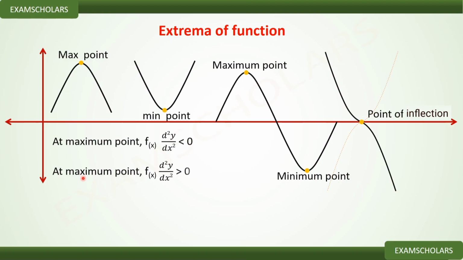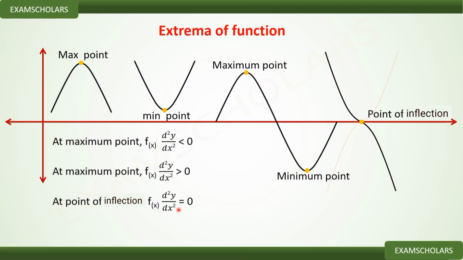At minimum point, d²y/dx² will be greater than 0. Let me come again. At maximum point, d²y/dx² will be less than 0. At minimum point, d²y/dx² will be greater than 0. Now, at the point of inflection, I'm talking about this point here, d²y/dx² will be exactly 0.